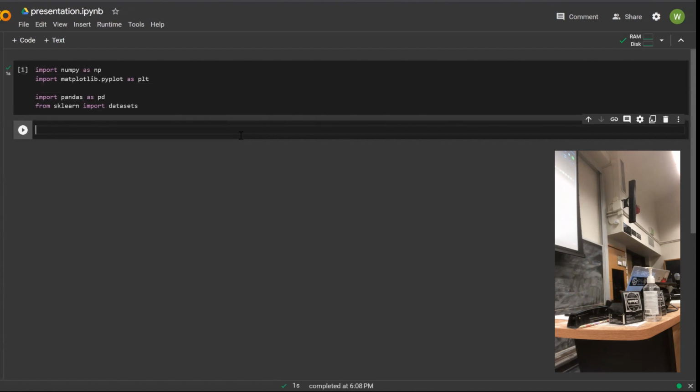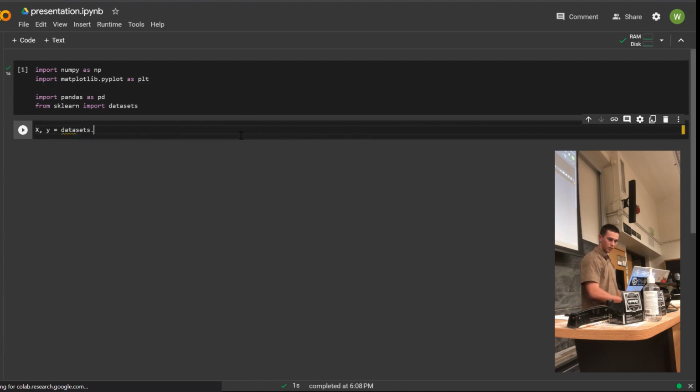Okay. So using the fetch OpenML API from sklearn, we're going to get our data.